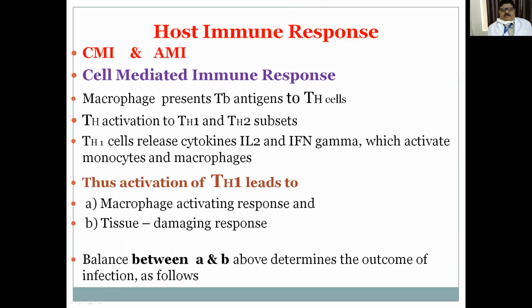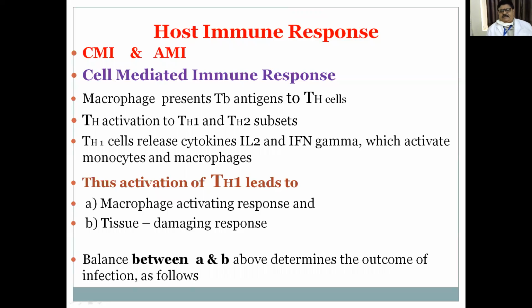Host immune response. This is very important. Whether we get a disease or whether we resist the disease, it depends on the immune response. So, if we take the cell-mediated immune response, the macrophage presents the TB antigens to TH cells, and the TH cells are activated into TH1 and TH2 subsets.